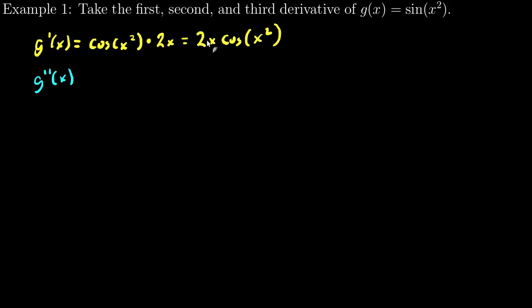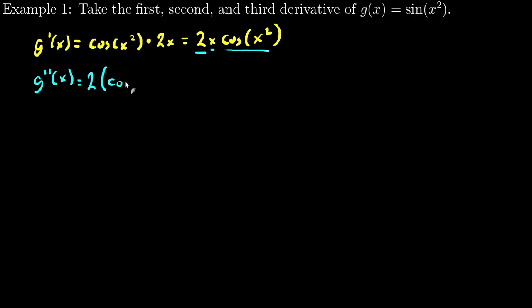So I have 2x cosine x squared. First thing I'm going to do is take this 2, it's a constant multiple, I'll just bring it down. But now I have x times cosine of x squared, and that's a product rule with a chain rule part. So I'm going to go through and do that. So product rule is the outer thing I need to take care of. And so I will do g times f prime. So I leave the second part unchanged.